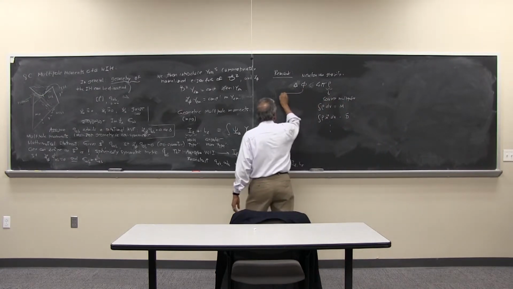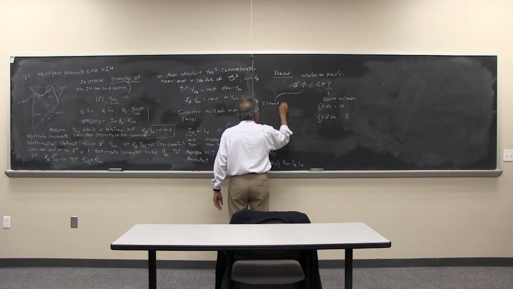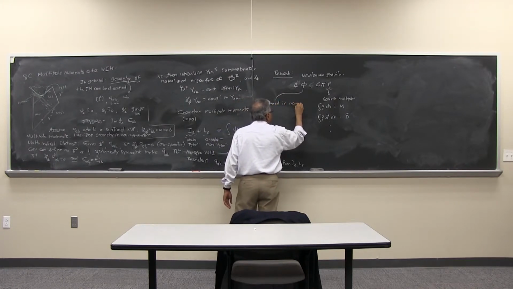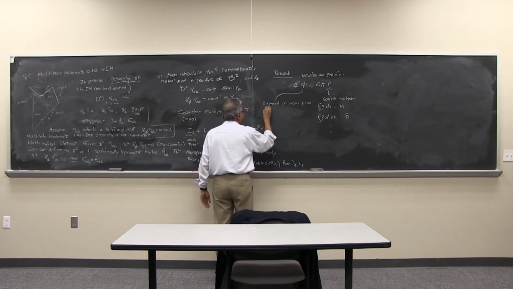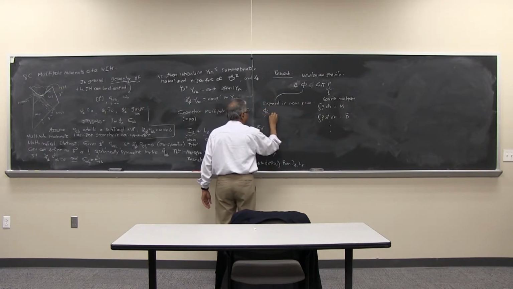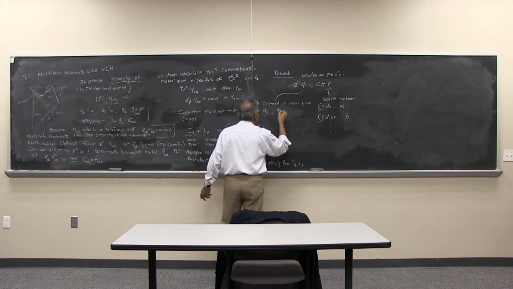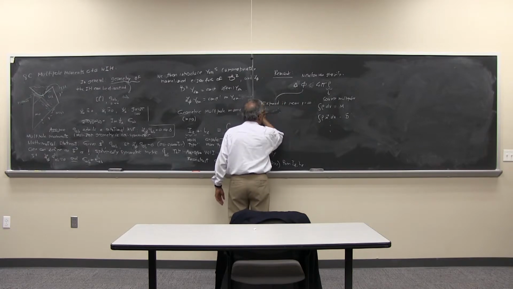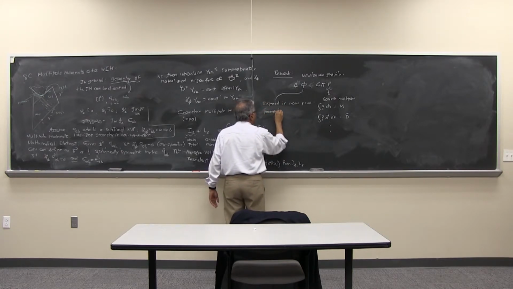But I can also take this phi and expand it near infinity, an asymptotic expansion. And I will get something upon r plus something upon r squared.